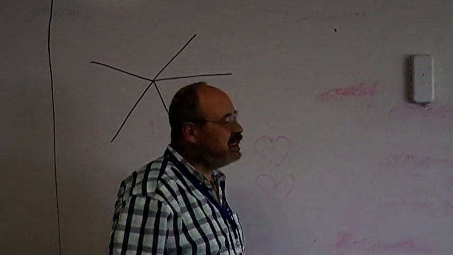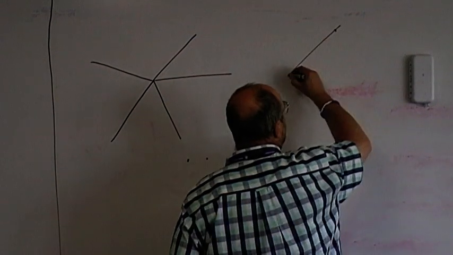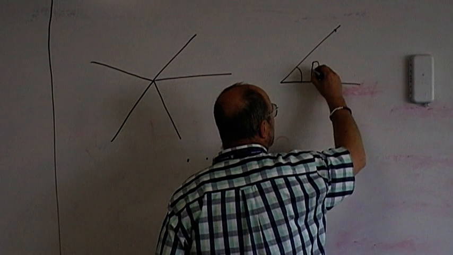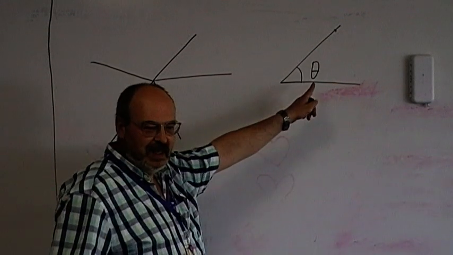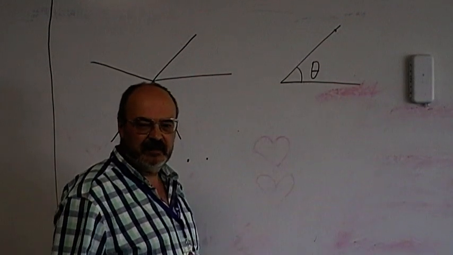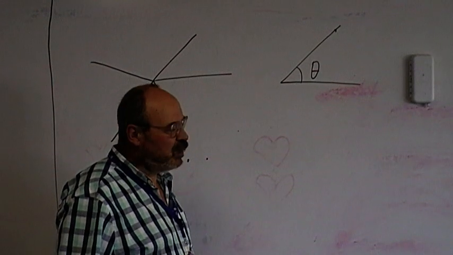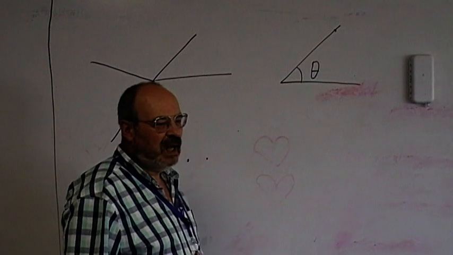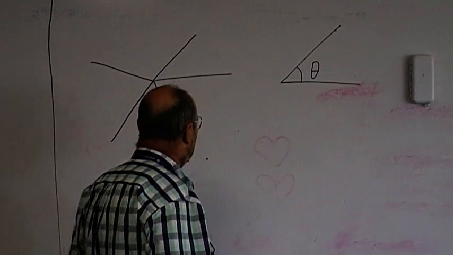For most of the cases, we will be using a Greek letter to name the angle. Often we'll use theta. It's called theta. We can also use alpha and beta, but the most often used letter is theta.